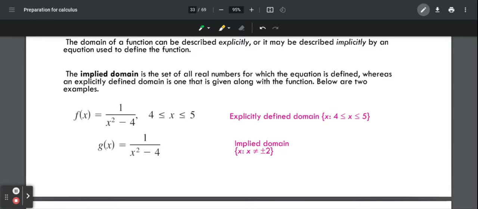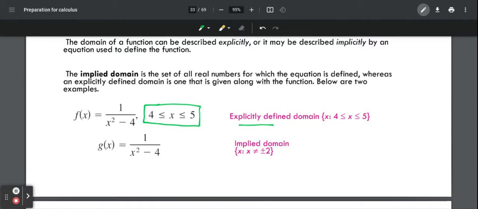Here's a couple examples. For the first example, if we had f of x equals 1 over x squared minus 4, and it told you that your domain is only the real numbers from 4 to 5, that would be explicitly defined. It's almost like they take the whole domain and only give you a small set of values that you're actually going to use, so they make it smaller than the actual whole domain.